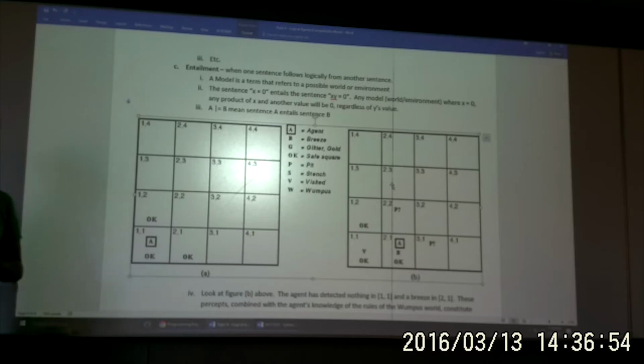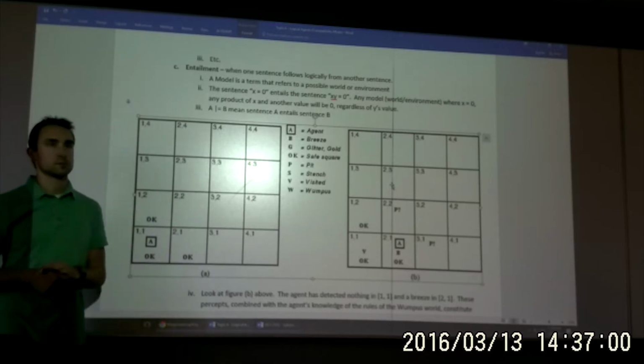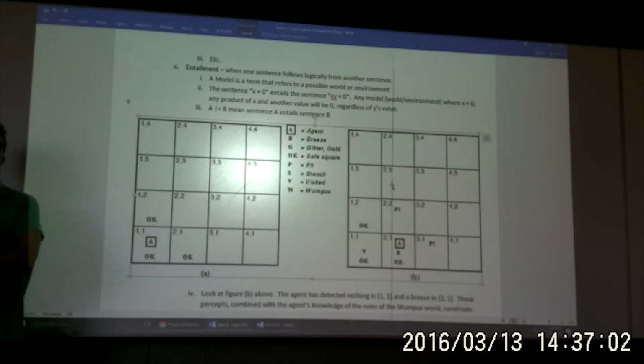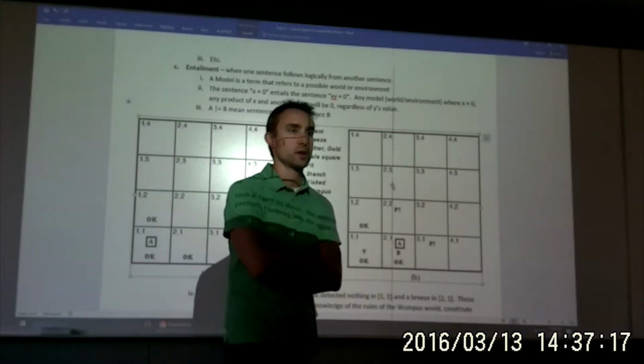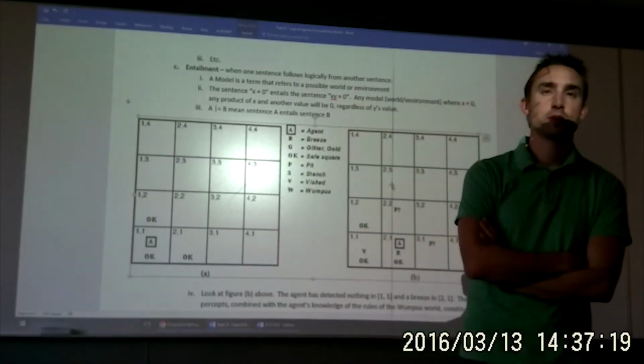So it would make a list of possible states where there are 3 rooms with 3 different configurations. So that would be 27 different states that could exist. And then it would eliminate the ones that it knows exist, and then choose the safest route, and then update the list based on what it mapped as well. Very good. That's a good approach to it.